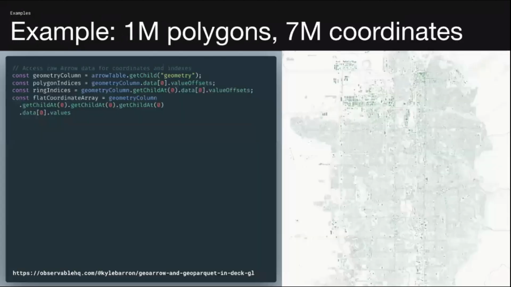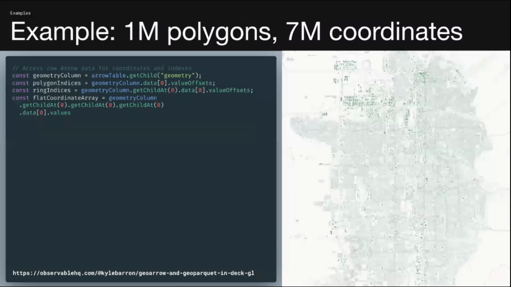Similarly, this is an example with polygons. So this is 7 million polygon coordinates across 1 million polygons. This is the Microsoft AI generated US buildings data set for the state of Utah. Similarly, this assumes that we've already loaded the Parquet table into an Arrow table. So here, this is the geometry column for the Arrow table.